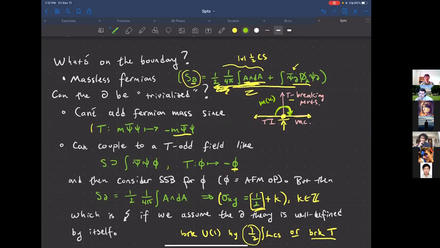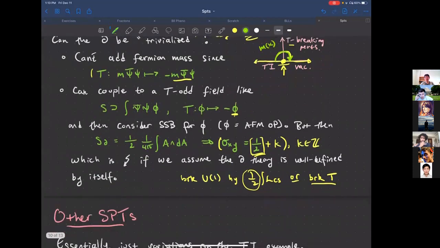So for example, if I allowed myself to break U1, then, getting into discussions that Dan and I were having, this 1/2 thing, which we were saying is very important, because if I have this 1/2 on the boundary, it means there has to be a bulk, and it's responsible for the non-trivial physics of the boundary.